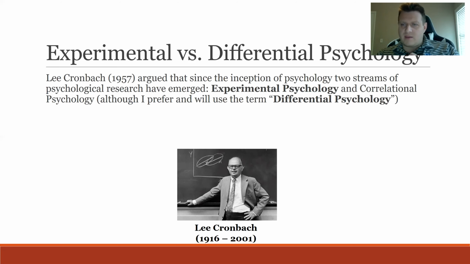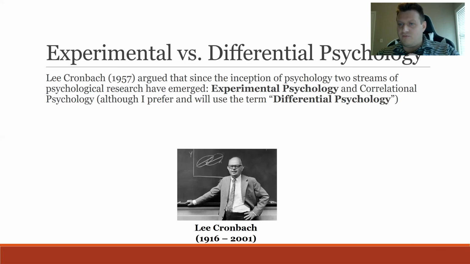And Lee Cronbach delivers this address about these two different streams of psychology: experimental and what he calls correlational, but I'm going to call it differential because I think that differential is a better term for it. Psychologists are trained in either one or the other. They only look at research studies in one discipline or the other discipline.